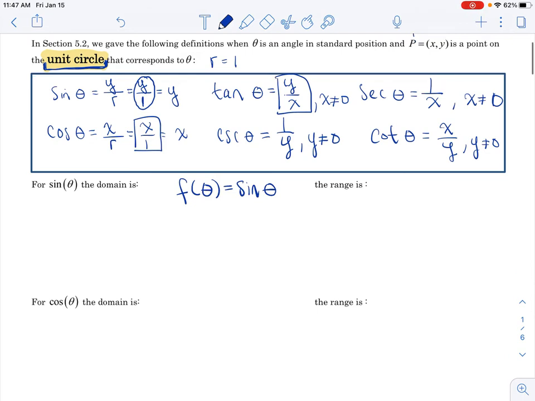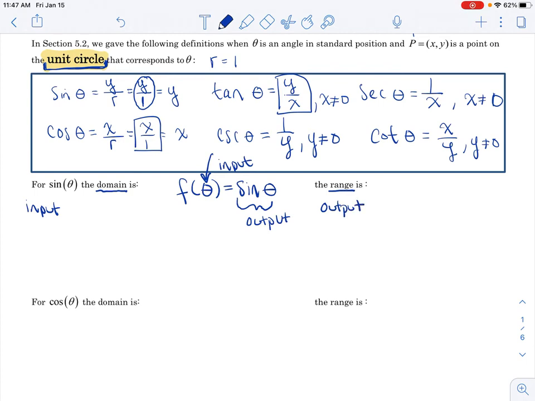This is your input, and this right here is known as your output. To refresh our memory, your domain is talking about your input, and your range is talking about your output.